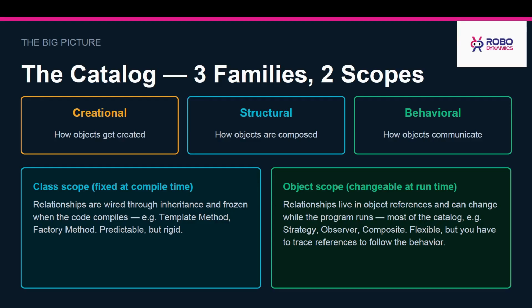Now some design patterns are also classified based on scope. Some design patterns have class level scope, and some have object level scope. Class level scope means it is fixed at compile time. Object level scope means it can be changed at runtime. One pattern uses inheritance, the other pattern uses composition.